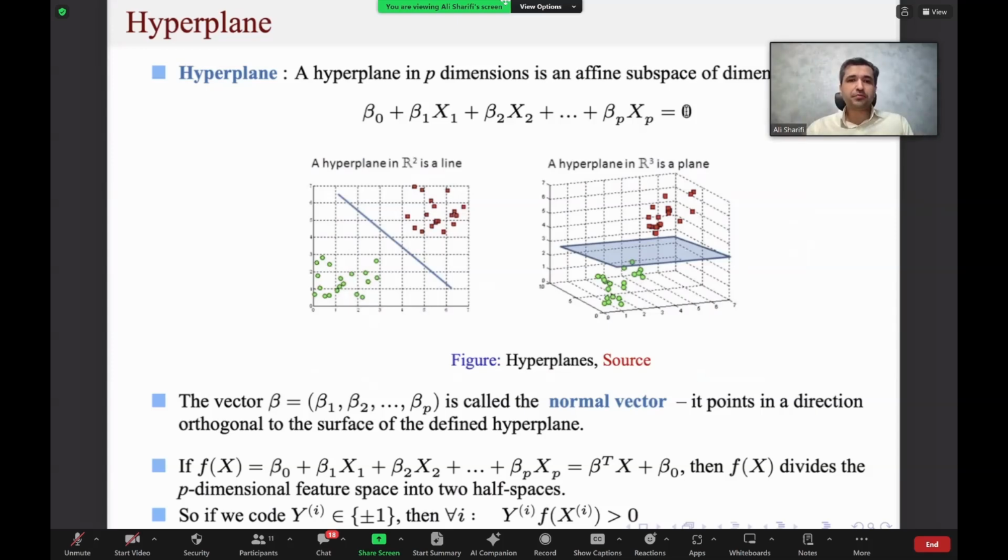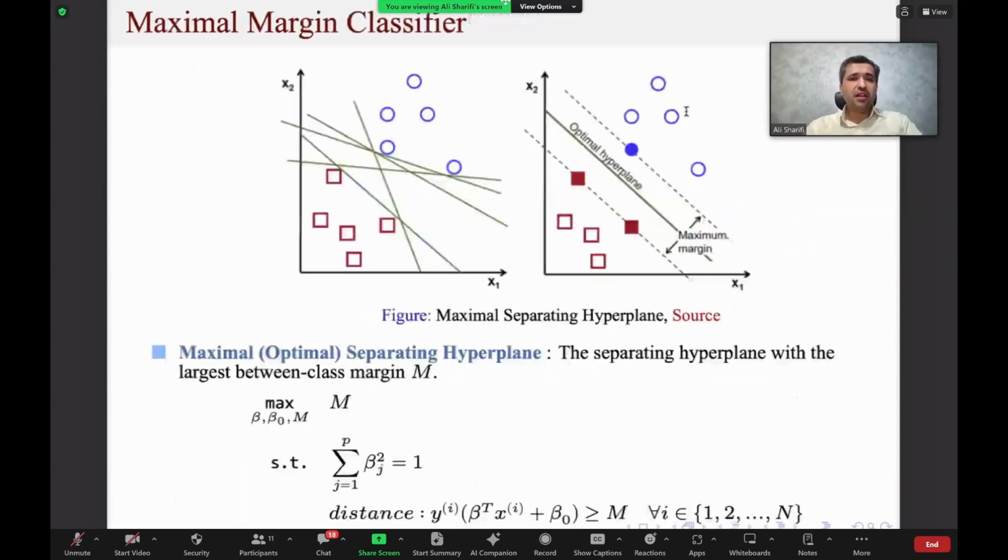So the idea is, what is the plane or hyperplane, or simply the line here, that has the best classification margins. And by classification margin, I mean the boundary between different classes. For example, if we choose this line here, it is very close to the points here and very close to the points here.